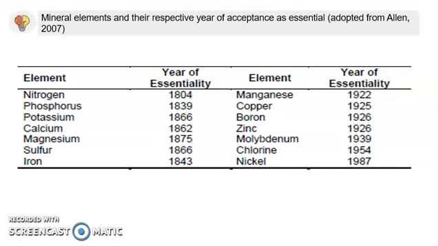We are not yet sure if some nutrient will be added, or maybe another scientist will discover it and it will be proven through research or studies. But as of now, there are only 17 essential nutrients, and the latest one was in year 1987, and it is nickel.